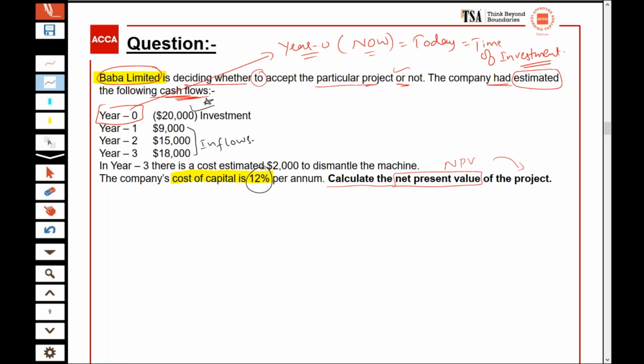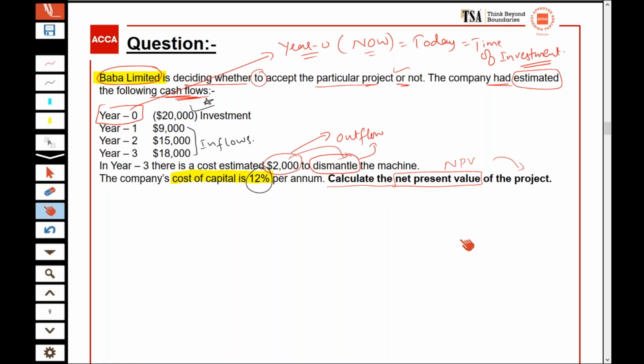And in the last item, it is written that in year 3 there is a cost estimated at 2,000 to dismantle the machine. What is this 2,000? This is my outflow to dismantle the machine. Okay, and this is the outflow.